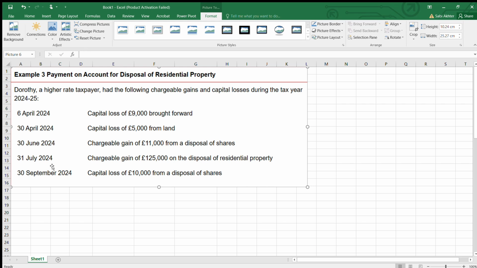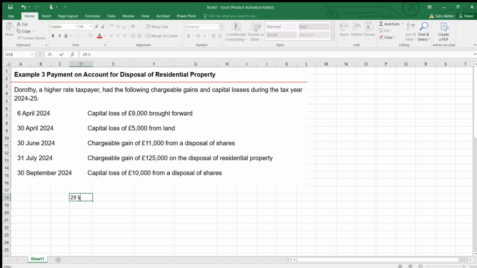August has 31 days, and that's why we are taking 29th of September. So 29th of September is the date of your payment on account, because you have to calculate from 31st July 2024, the date when you disposed of the residential property.